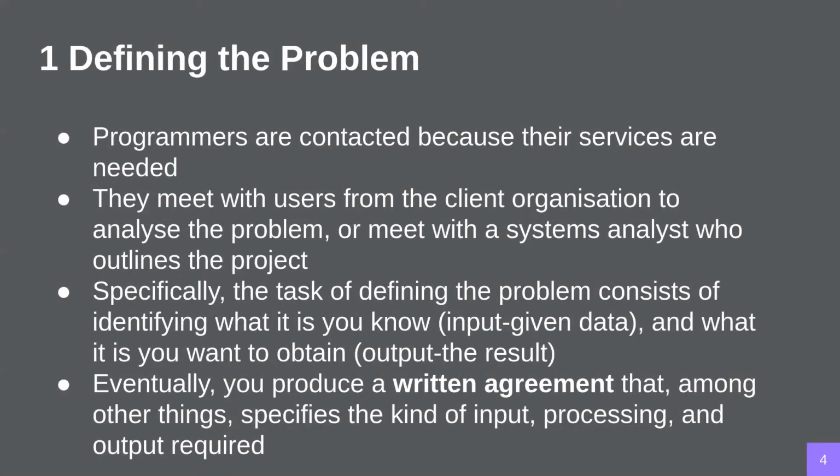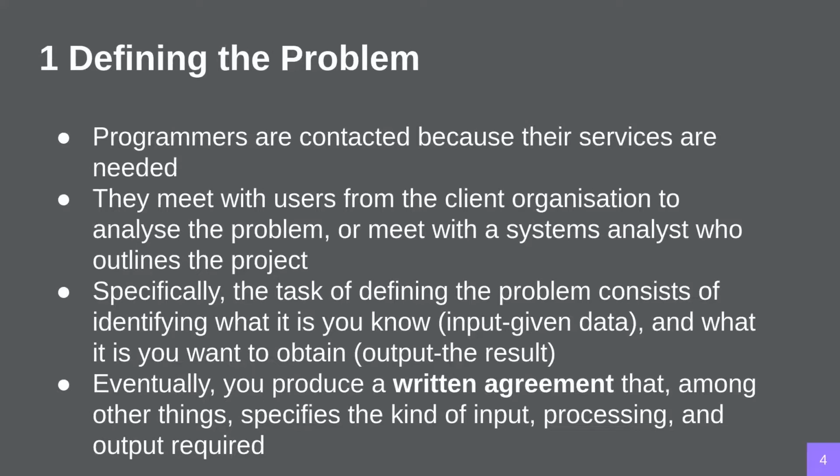Right, defining the problem. Programmers are often contacted because their services are needed. They meet with users from the client organization to find out what the problem is. Sometimes they might meet with a systems analyst who will outline a project or issue that a program is required to solve.